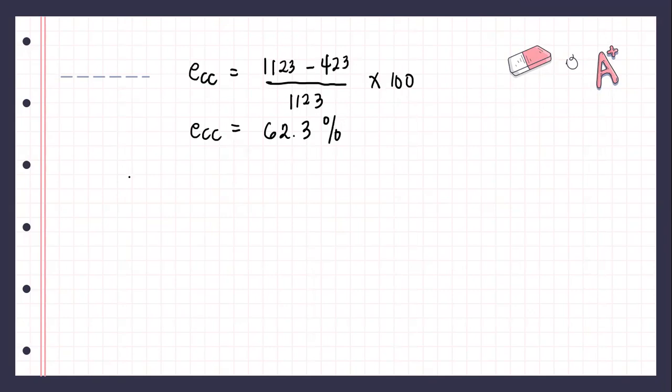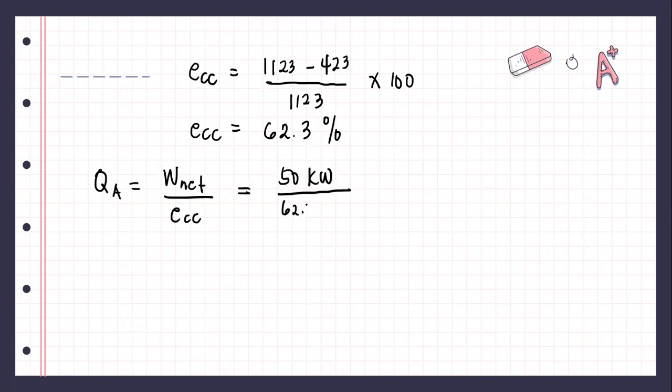Now, for the amount of heat added is equal to network over the efficiency, equal to 50 kilowatt over 62.3% divided by 100.